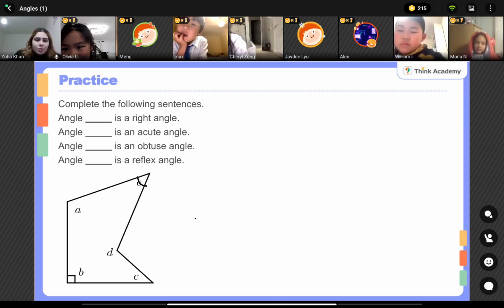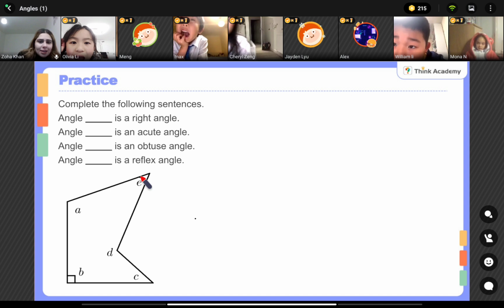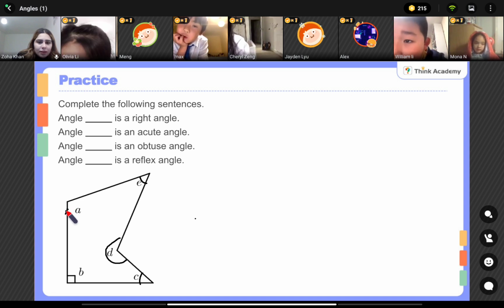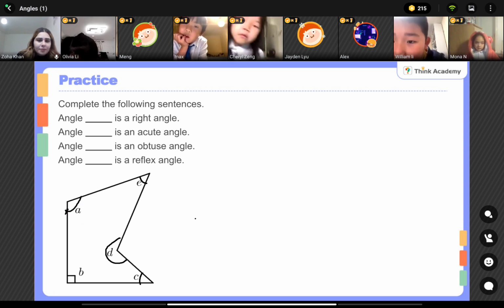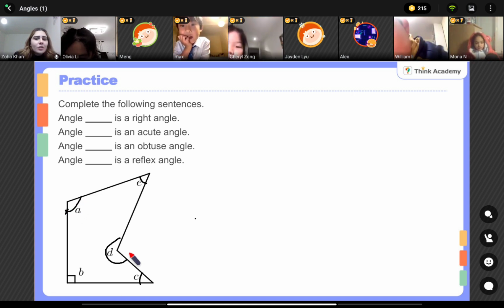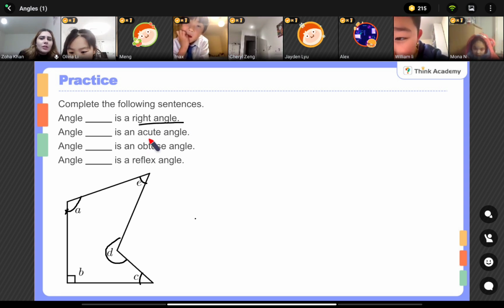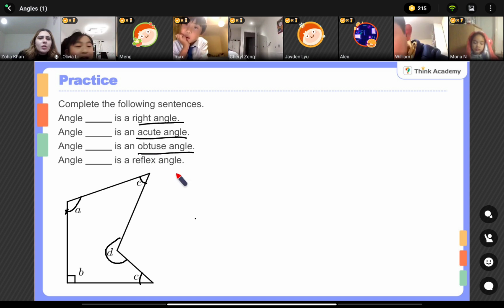So you can actually make the angles like that. This is angle C. This is angle D. And this is angle A. Okay, so you can make the angles like this, and then you need to tell me which angle is the right angle, which angle is the acute angle, which angle is the obtuse angle, which angle is the reflex angle, okay?